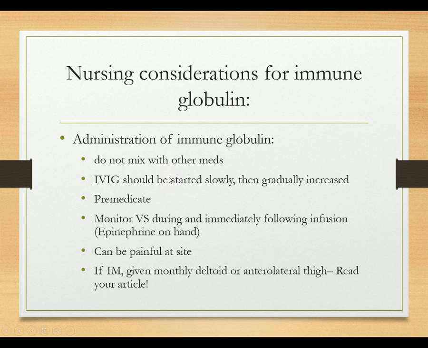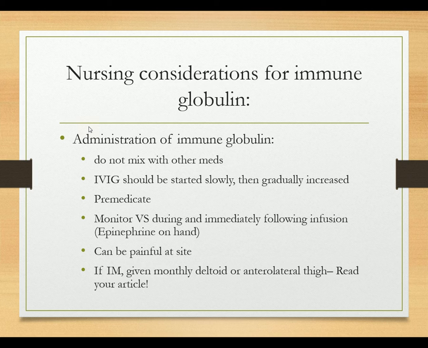Well, one of the things that you want to remember, and I don't have it on here, so make sure you make your little asterisk up here, is that you never immunize with live virus vaccines. So in other words, it would interfere with normal immune response. So do not administer a live vaccine within 3 months of giving immune globulin.